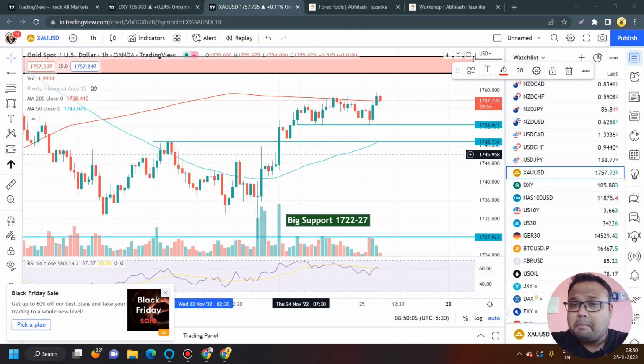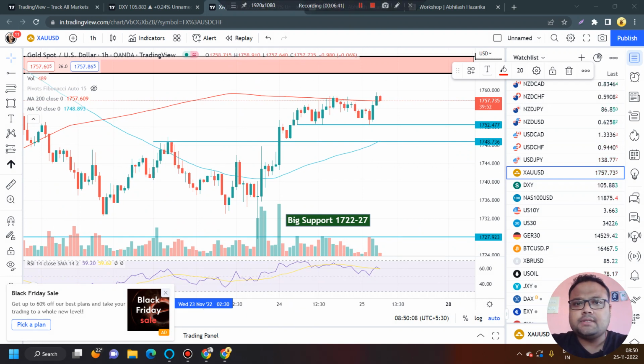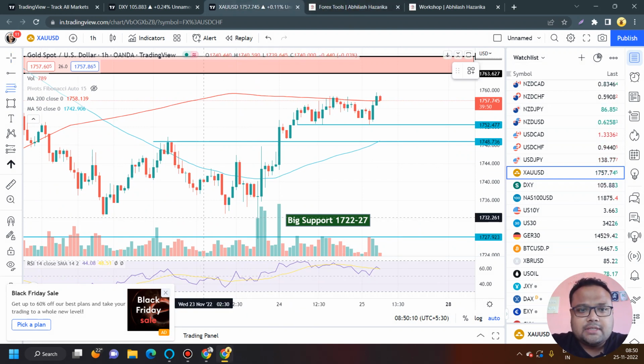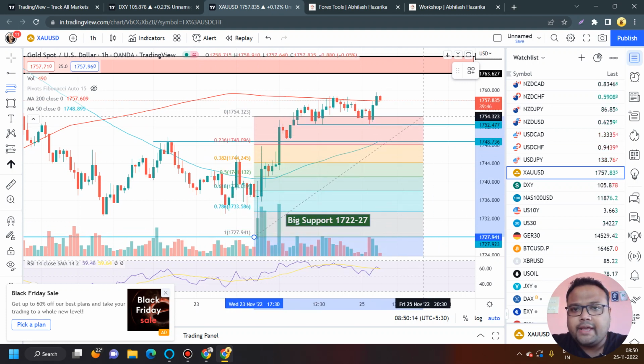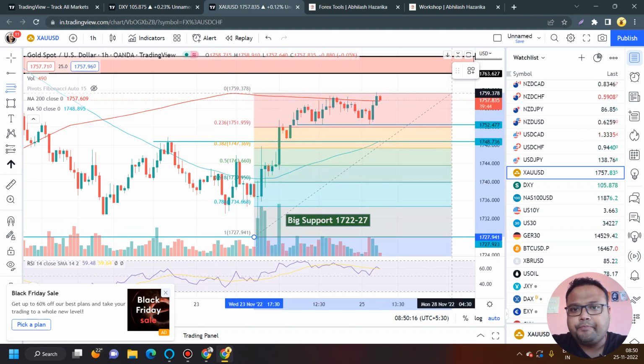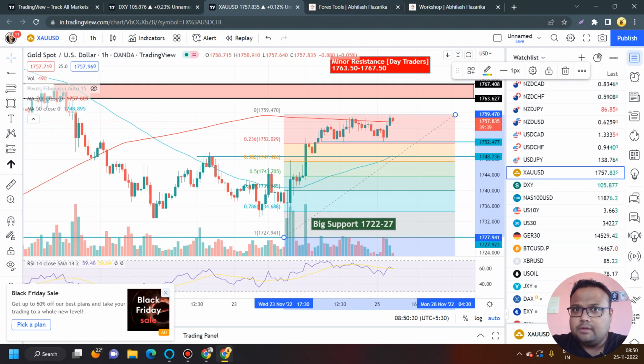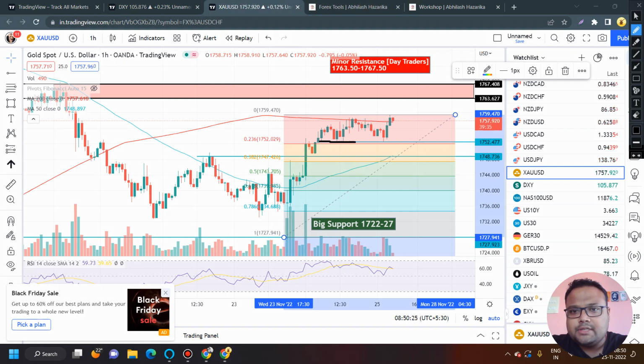And there are two minor supports also for day traders. How we have derived the support level, let me show. See, this was the low made by the market. We have taken the help of Fibonacci retracement here. You can see we have the Fibonacci 23.6% retracement around 1752.51.